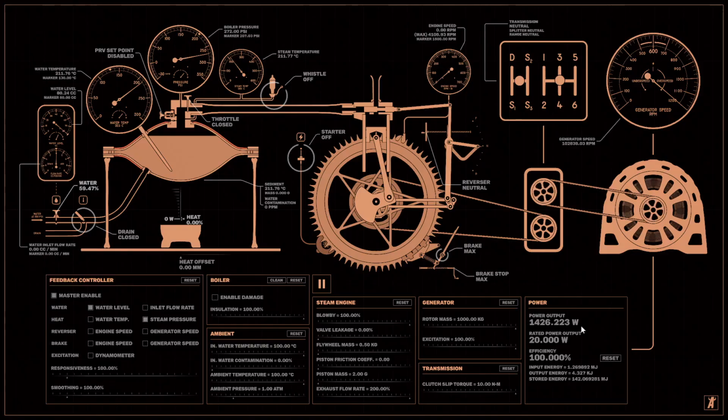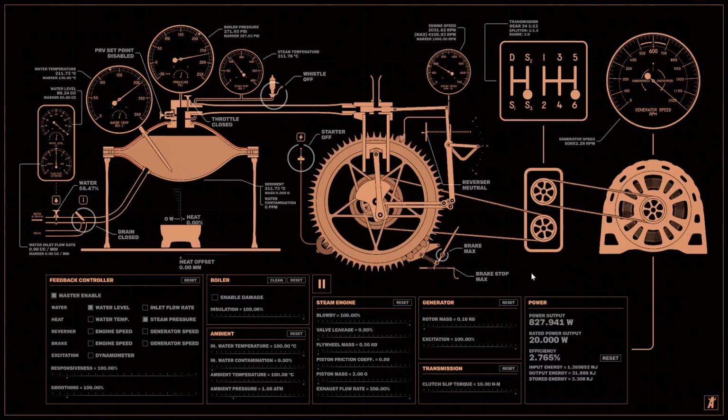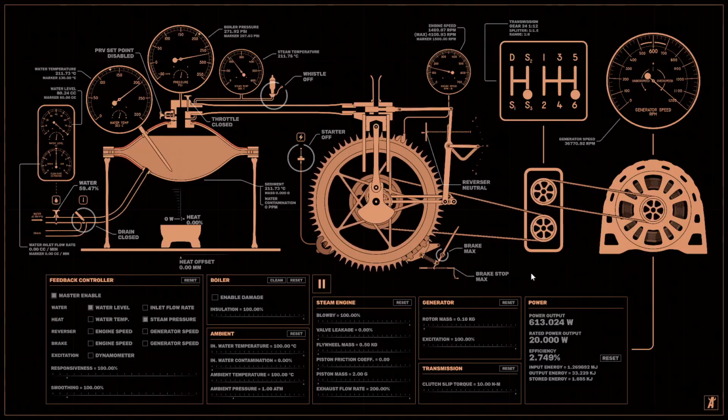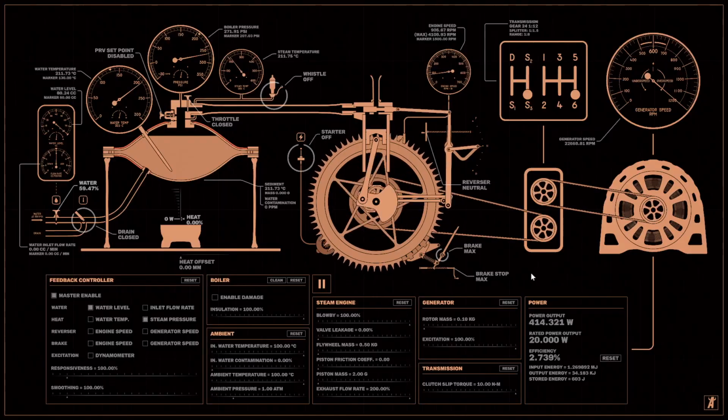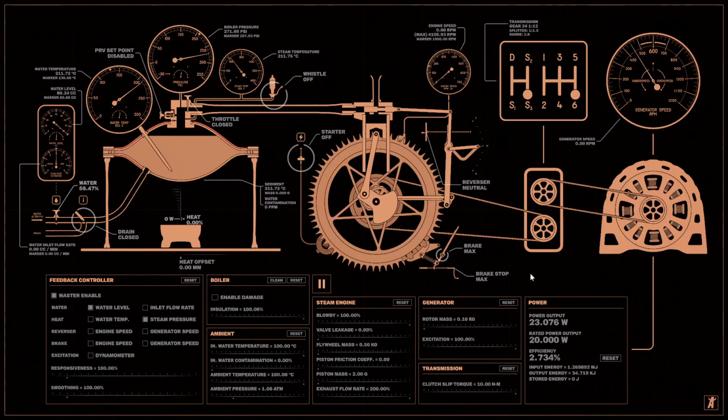Let's see how many watts I put out. Just shy of 1450 watts. But if I want to stop it quick, put that rotor mass down low. Actually, I can do this. There you go. But that's it.